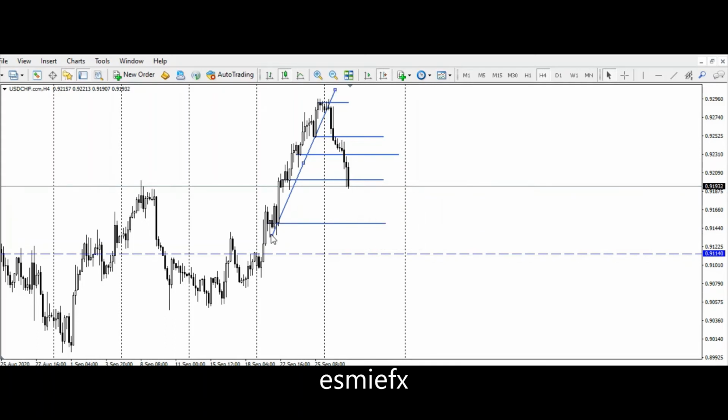So this trend line I have to turn to this side. So until price breaks this trend line to this side and then gives a bit of retracement, until then this is a sell.